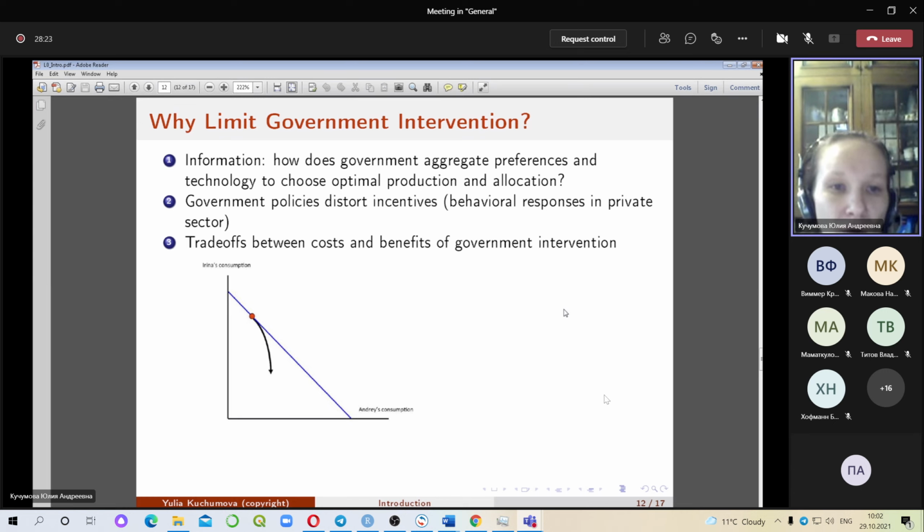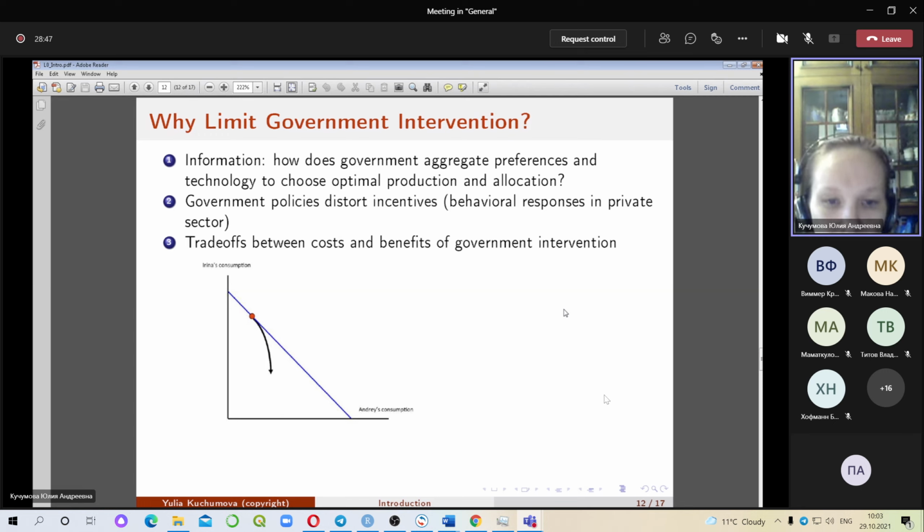And as a result, there is a trade-off between the benefits of government intervention, as I said, like the government can improve redistribution, but there are always costs of government intervention because of all that we mentioned.